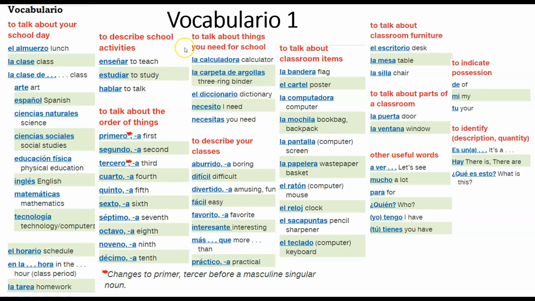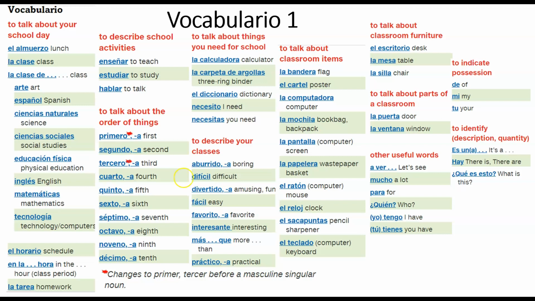To talk about things you need for school. La calculadora. La carpeta de argollas. El diccionario. Necesito, I need. Necesitas, you need. To describe your classes, remember, if it's male or female, you have to change it to match the description.